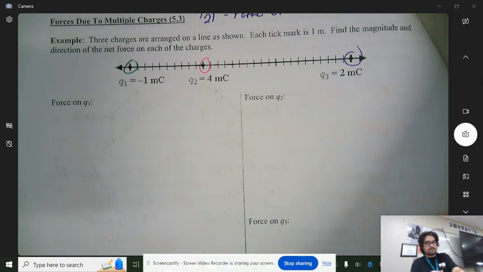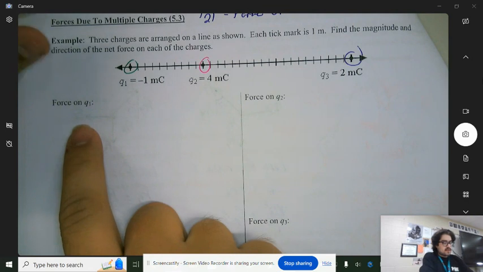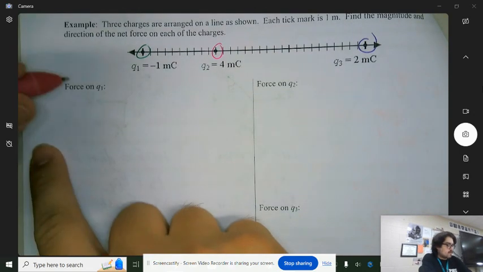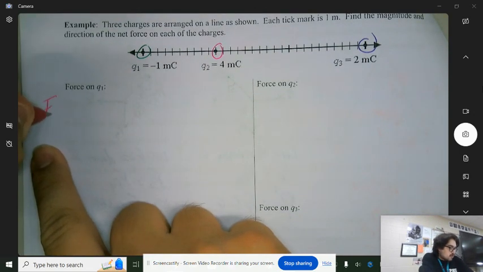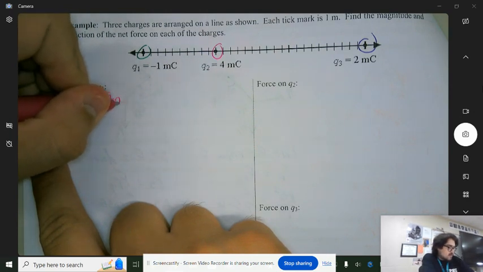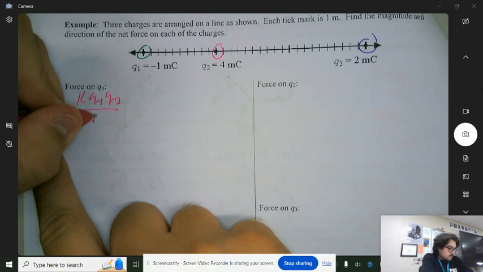First off, the force on Q1. We need to figure out what force 2 applies to 1 and what force 3 applies to 1. So the force of 2 on 1 is going to be equal to k Q1 Q2 over r squared.